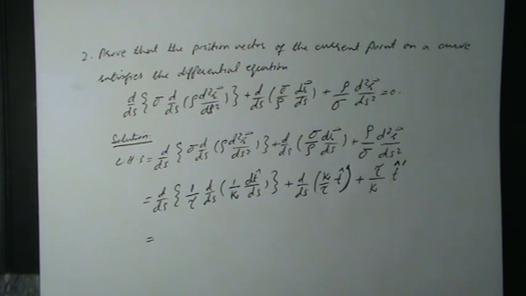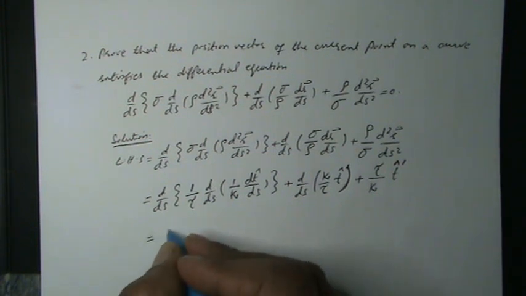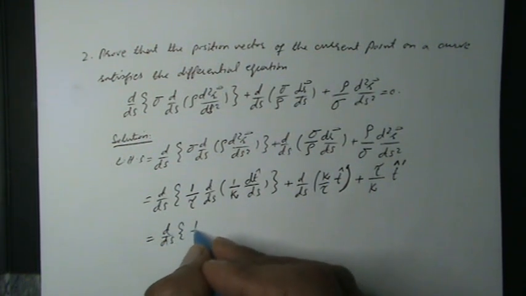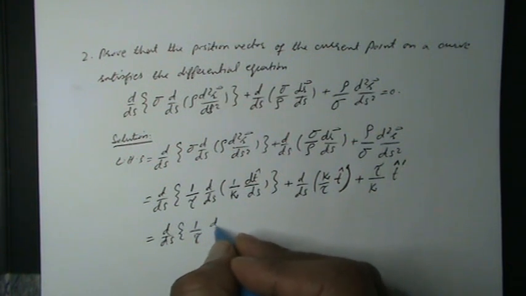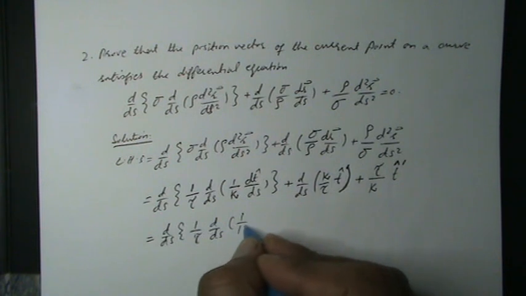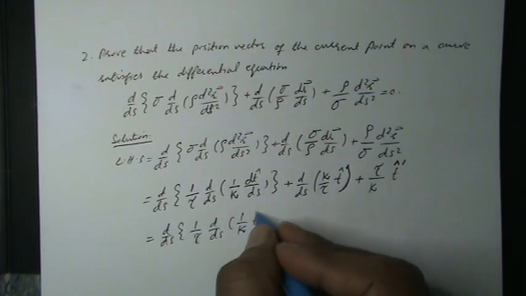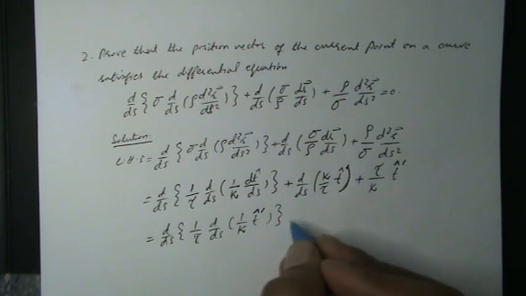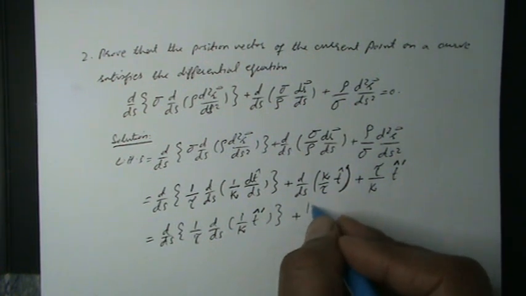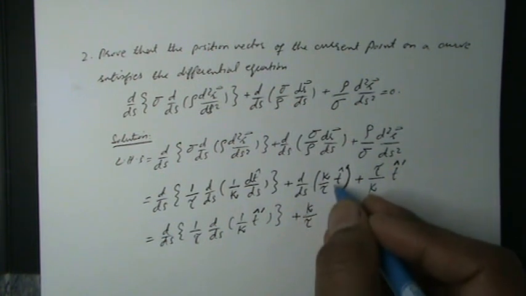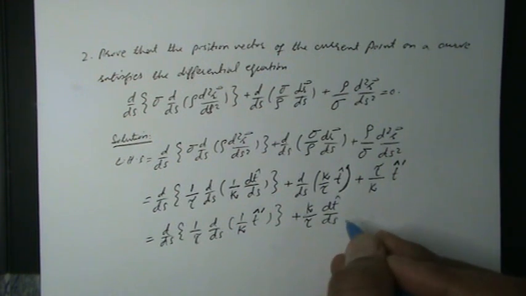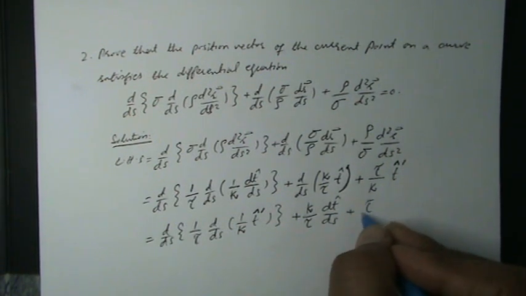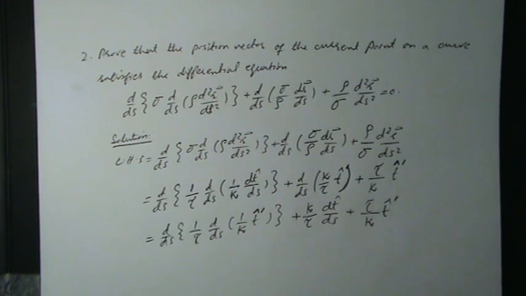This is equal to d by ds of 1 over tau d by ds of 1 over kappa, dT over ds, which can also be written as the T derivative, plus kappa over tau, and this is equal to dT over ds plus tau over kappa T dash.